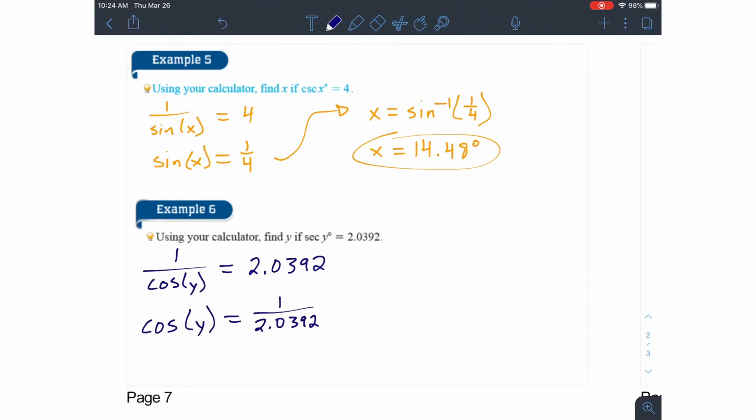If you actually punch that into your calculator right away, I'm afraid that you will start rounding things that you shouldn't be, and it's going to be better if you just leave that as the exact value. And so that's what I'm doing here as well, so I know that my answer will be as accurate as possible. We don't want a bridge fail here. So then we are going to do the arc cosine, 1 divided by 2.0392. And that gives us that y was 60.63 degrees.